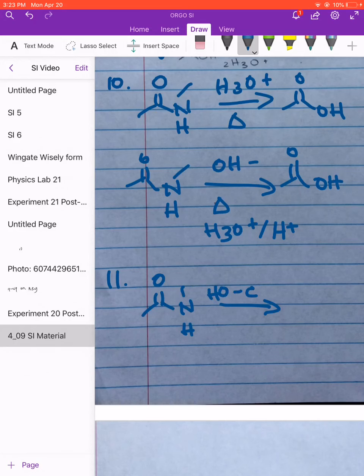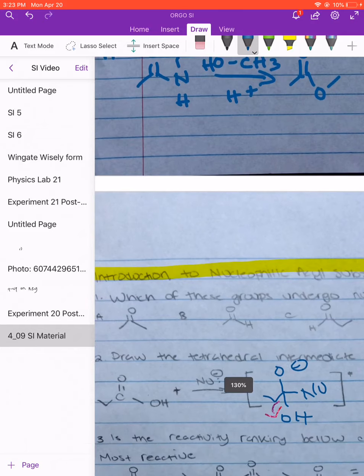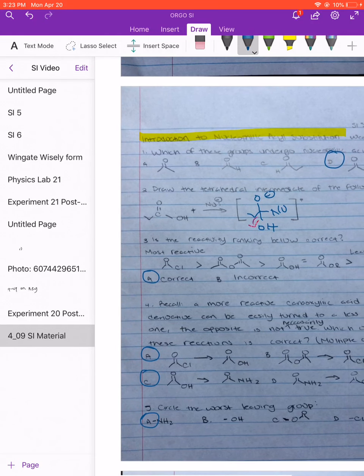So we have primary alcohol and we have H plus acid. So this is going to form an ester group, and that is the product. So if we keep on going down, we notice that this is where we started.